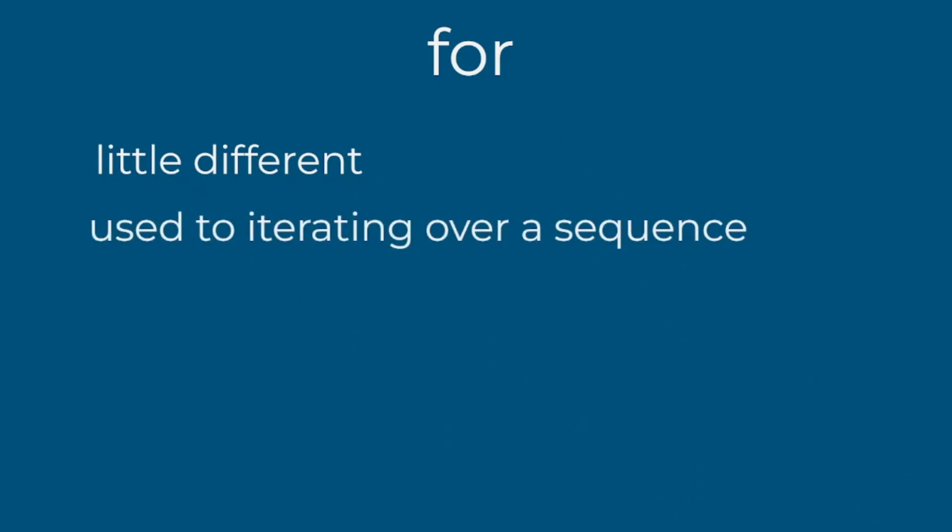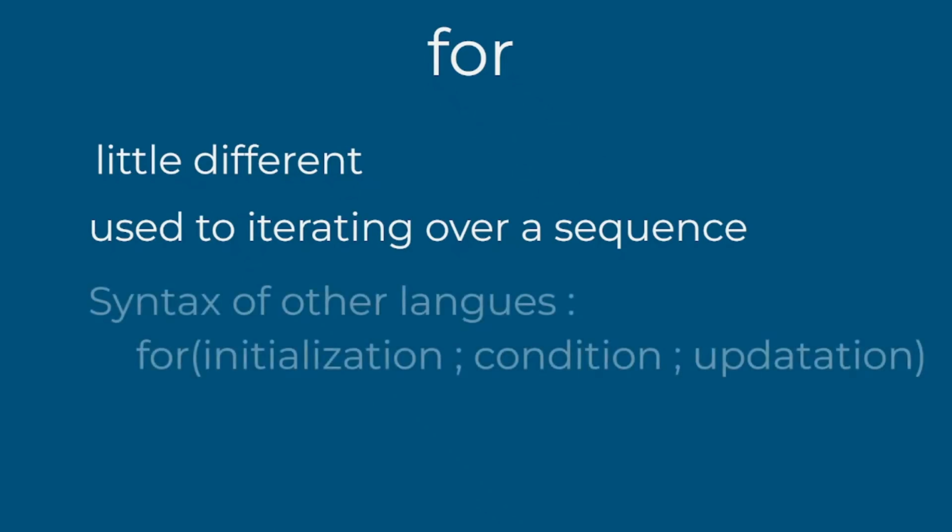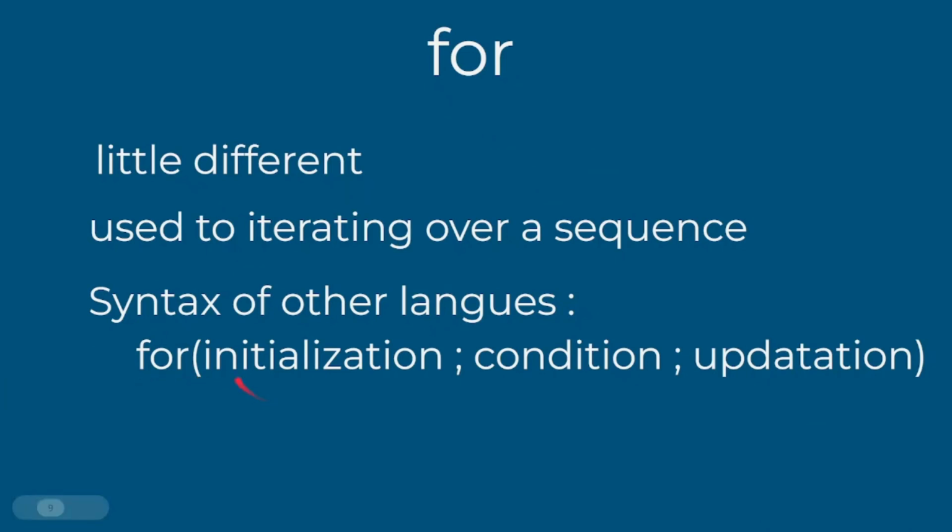For loop. For loop in Python is little bit different from for loop in other languages. A for loop is used to iterate over a sequence or to execute a code specific number of times. Usually, the for loop syntax in other languages will be like for keyword followed by these three parts, which are initialization, condition checking, and then updation part.